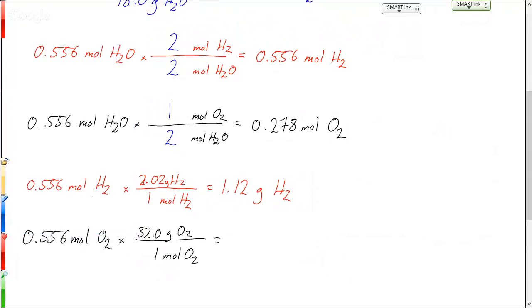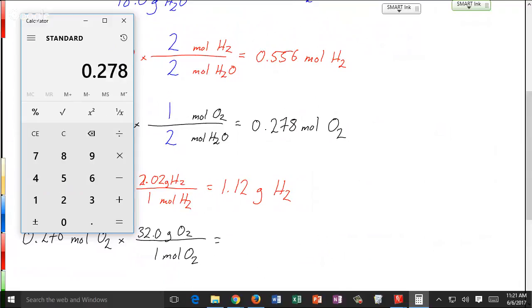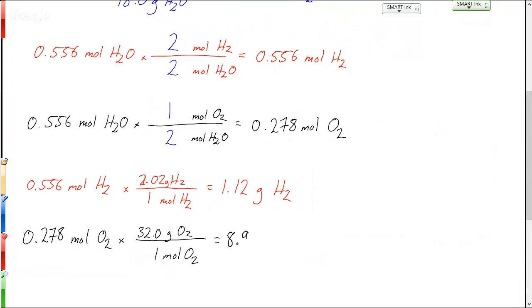Oh, that's right. We used the wrong number here. I'm going to say that didn't work out. 0.278. Try that again. Okay, and those should add up to 10, which they do with rounding based on our significant figures.